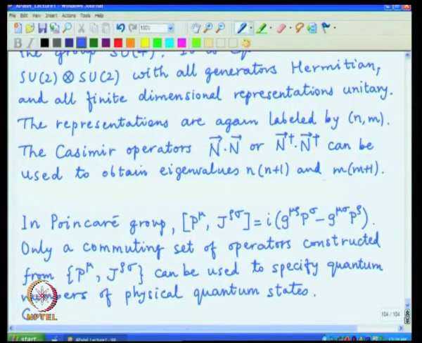The commonly used set includes the 4 momentum operators which mutually commute, no trouble in simultaneously giving their eigenvalues, and in addition to that these 2 Casimir operators which we constructed, and the corresponding operators which we know from non-relativistic quantum mechanics, which is J square.